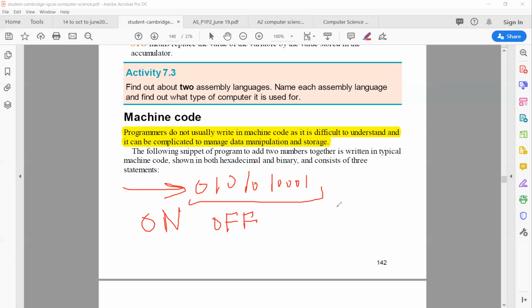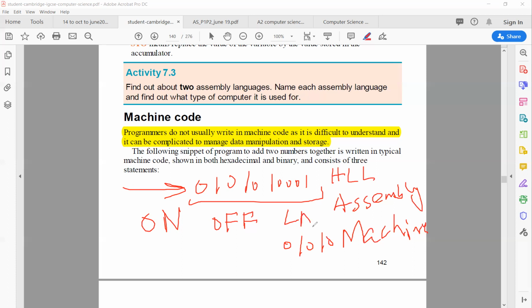Assembly language needs a little bit of translation. There are different levels. At the top level, there is a high level language, and then comes the assembly language, and then comes the machine language. So this is the machine language. Here we have the assembly language.